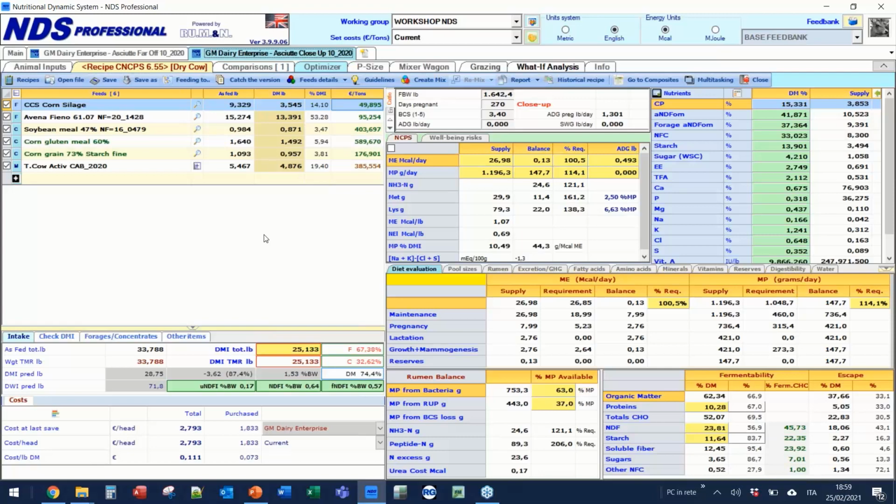Someone is suggesting to maintain a high level of metabolizable protein, let's say around 1,300, 1,400 grams, through all the dry period, but I don't think this is supported by real data. It is not supported by any, for what I know, any strong research.